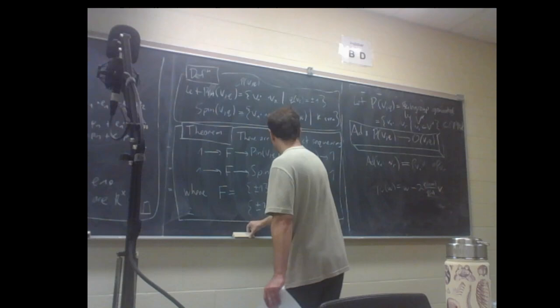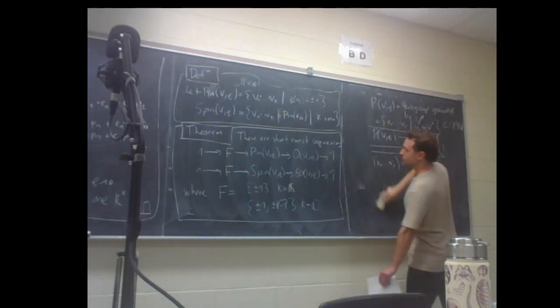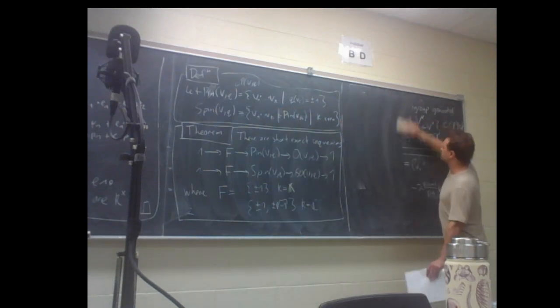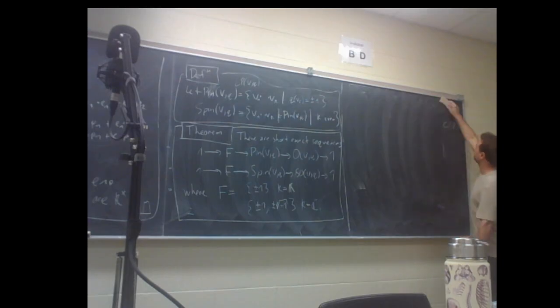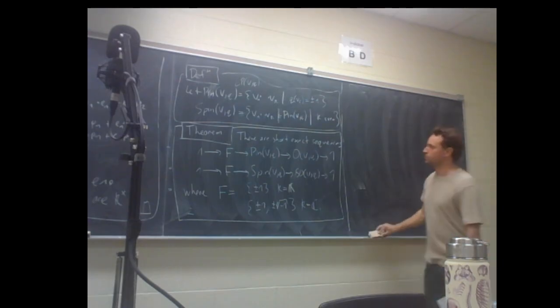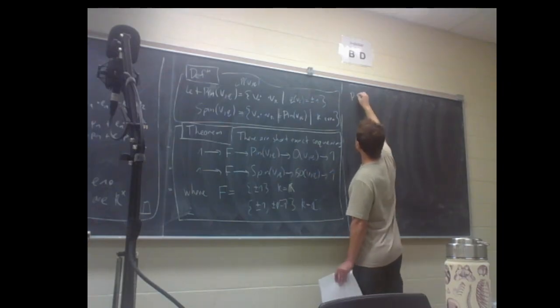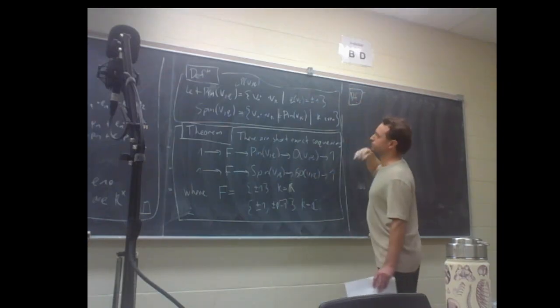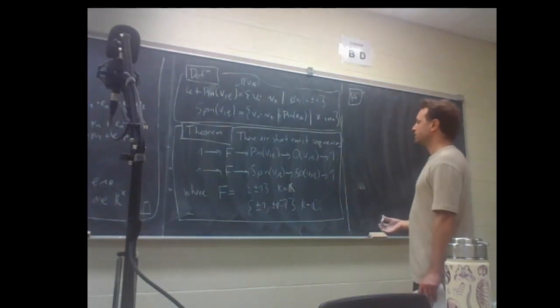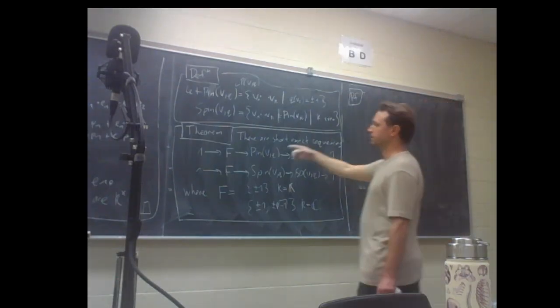So the short exact sequence contains in it something we need to verify, which is that both of these maps are surjective. We've verified surjectivity for this P. So now we need to verify surjectivity for Pin and Spin.